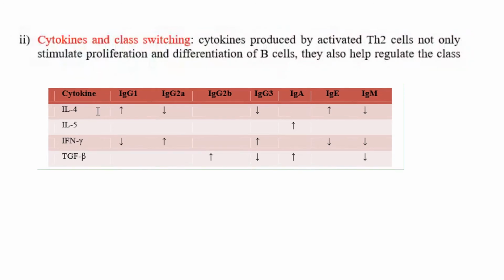So different cytokines influence the switch to different classes of antibody with different effector functions. In this way, the antibody response is tailored to suit the pathogen encountered. The best example is the immunoglobulin E antibody class switching in parasite infection.